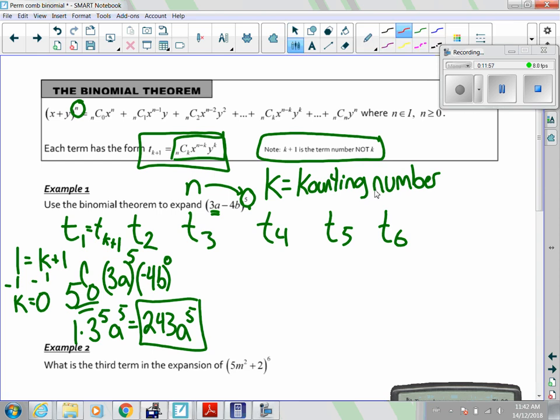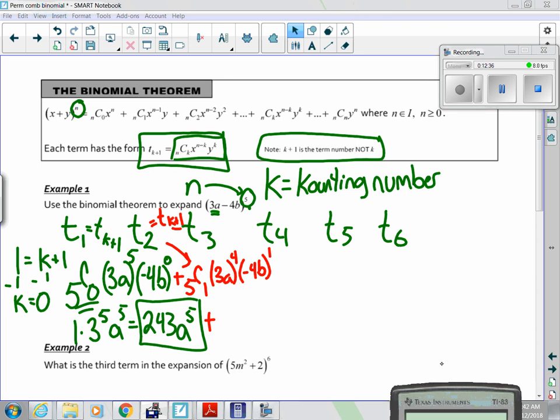Whew, I definitely don't have enough room here, so I'm just going to try and minimize it as much as I can. If T2 equals T k plus 1, that means that k is 1 now, because 1 plus 1 is 2. Or you could subtract 1 from your term number. So this is now plus 5C1, 3a to the 4th, and negative 4b to the 1. 5C1 is 5. And again, you can just push these numbers on your calculator. 3 to the 4th is 81, so 5 times 81.